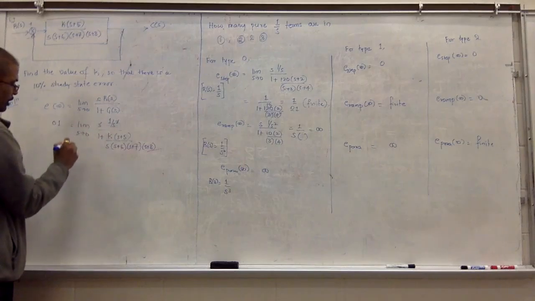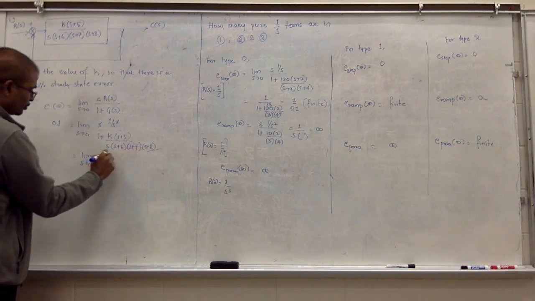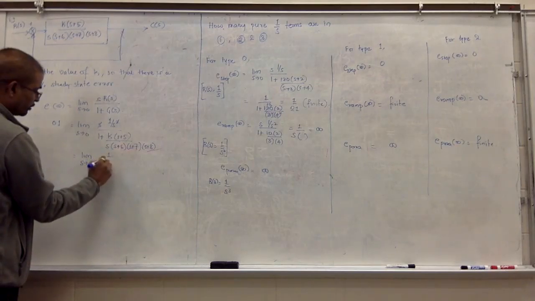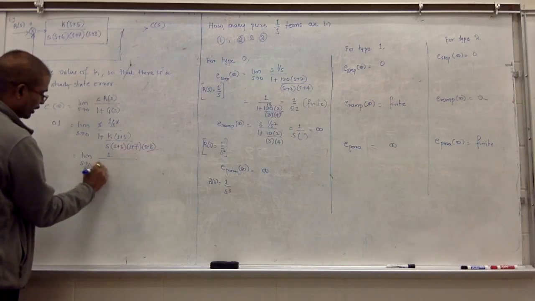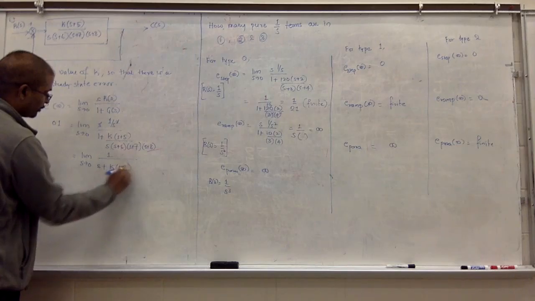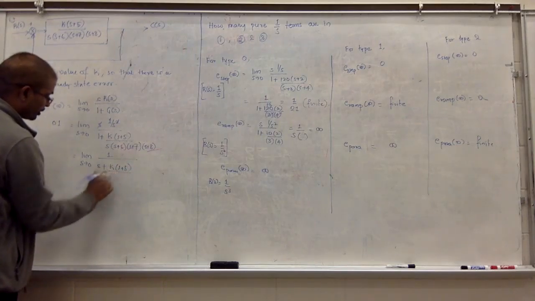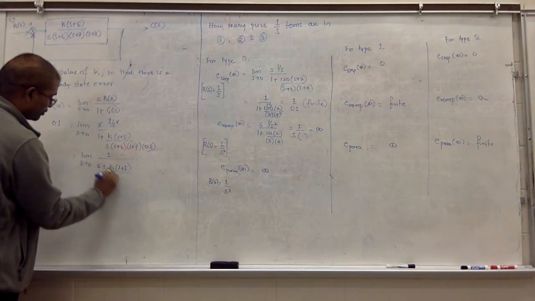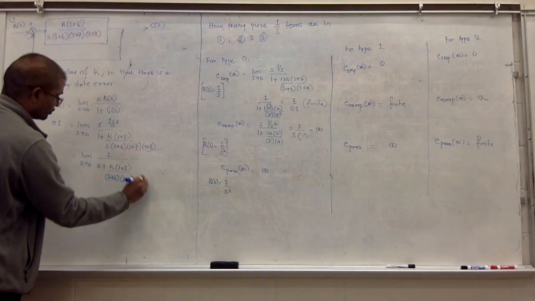What will happen here is we'll go with this. So you have limit S tends to 0, 1 divided by S plus K into S plus 5 divided by S plus 6, S plus 7, S plus 8.